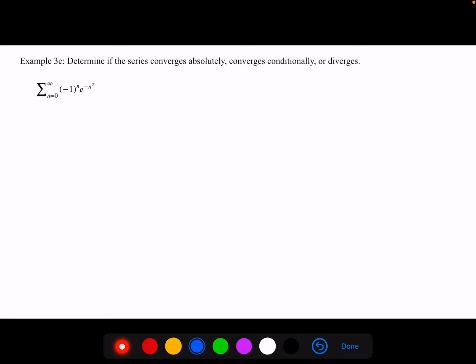In our next example, we want to determine if the sum from n equals 0 to infinity of (-1)^n e^(-n^2) converges absolutely, conditionally, or diverges. So let's begin by considering the absolute value.